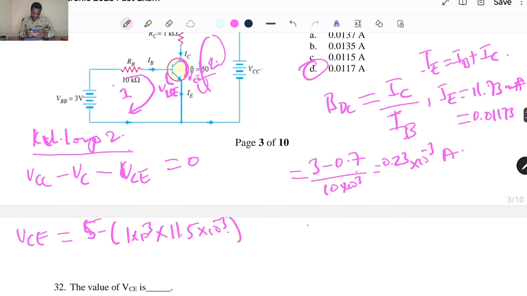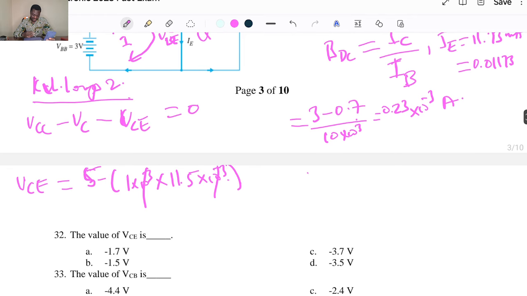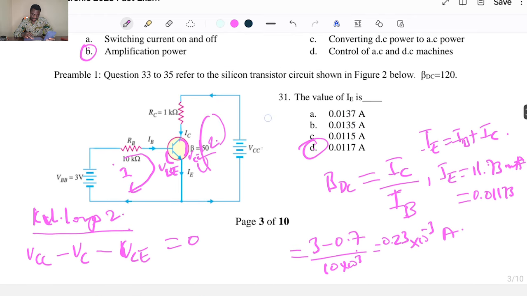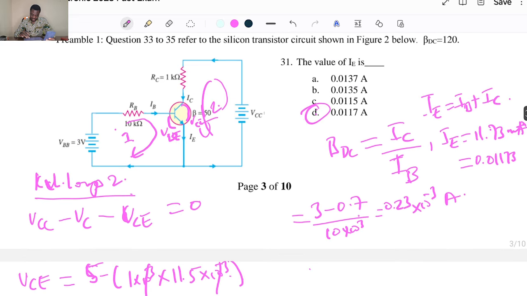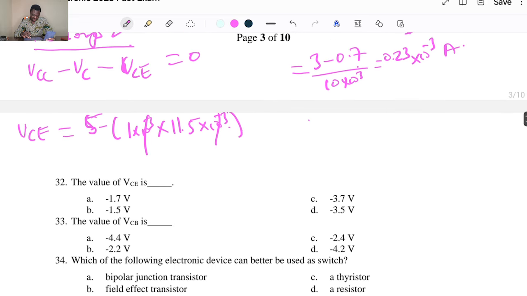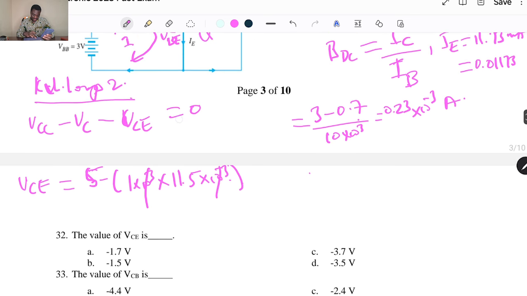Now we just have 5. So this will cancel. So I get 11.5. This is probably around 10 or so. Here, in this question, the VCC is not given. I don't know why it wasn't given. So if I'm using this to be 10, it can't be 10 because we're already doing this, right?